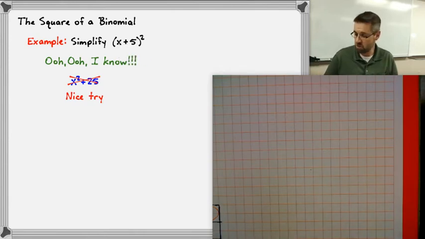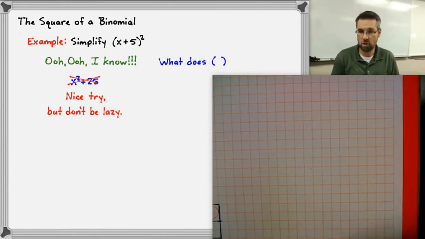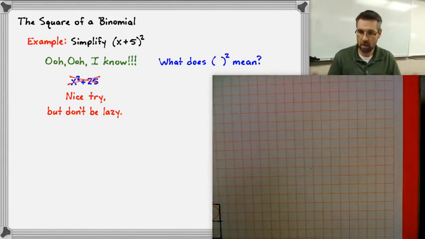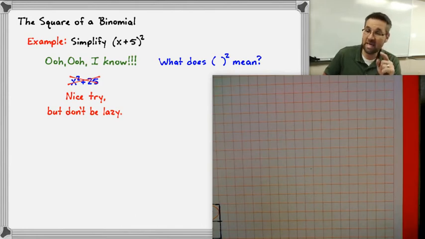What you have to do is expand the binomial. What does it mean to square an expression? So if I were to say 5 squared or 7 squared or negative 2 squared, what it means is that we are multiplying that term or that number or that value by itself. So 5 squared is 5 times 5.